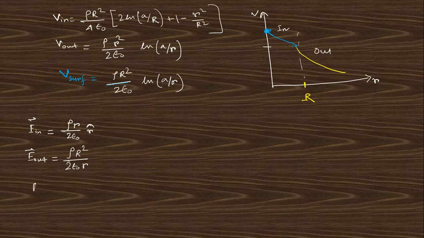Clear? So E surface equals rho r by 2 epsilon naught. This is r cap.